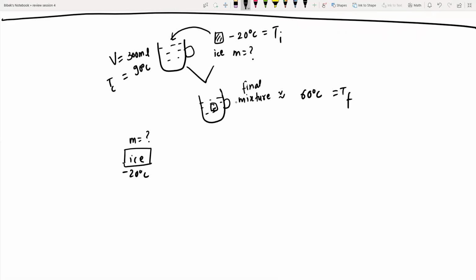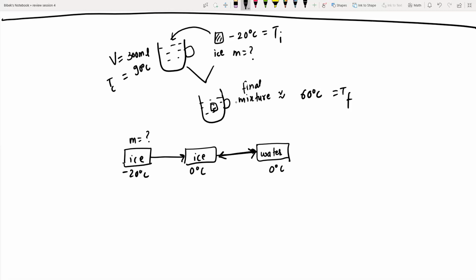So what happens when you add the ice to the hot cup of coffee? If you only look at the ice, it first goes to ice at 0 degrees centigrade. Then after that there will be a phase transition. I will represent the phase transition with this double arrow. This ice will become water at 0 degrees centigrade.